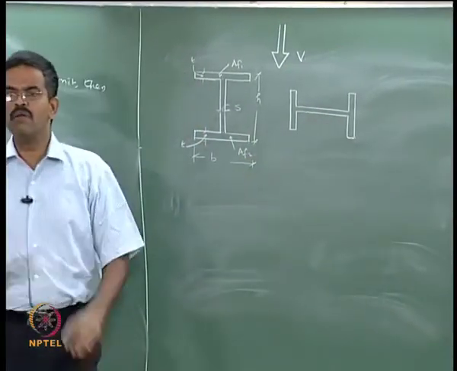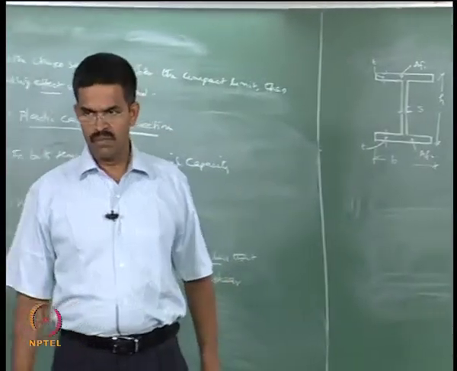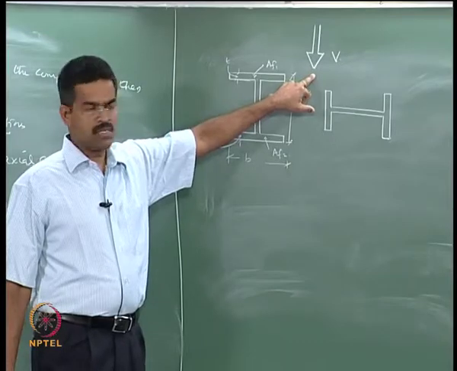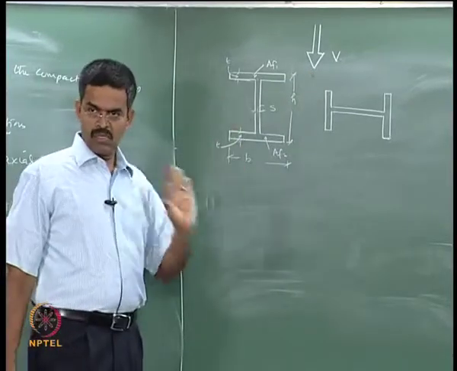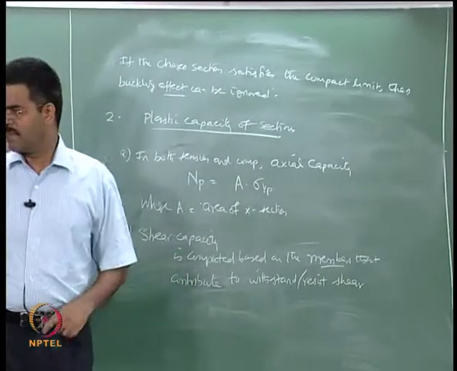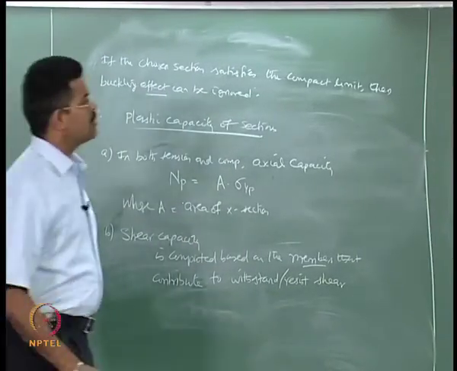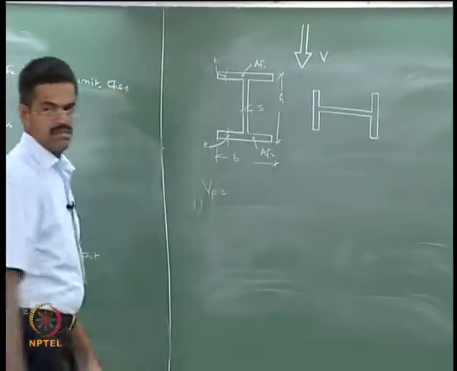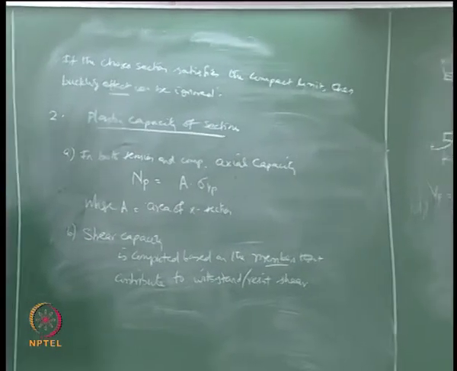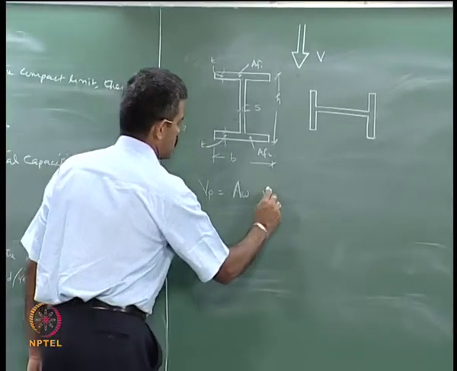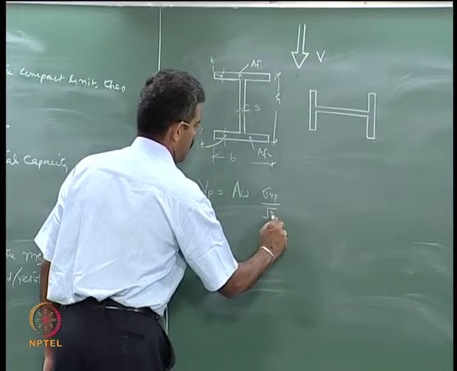So, depending upon the orientation of the section with respect to the force acting direction, we must always either consider or ignore certain members for shear capacity of the sections. So, I can write down here the shear capacity of this section, which I say Vp, which is AW into sigma yp by root 3.